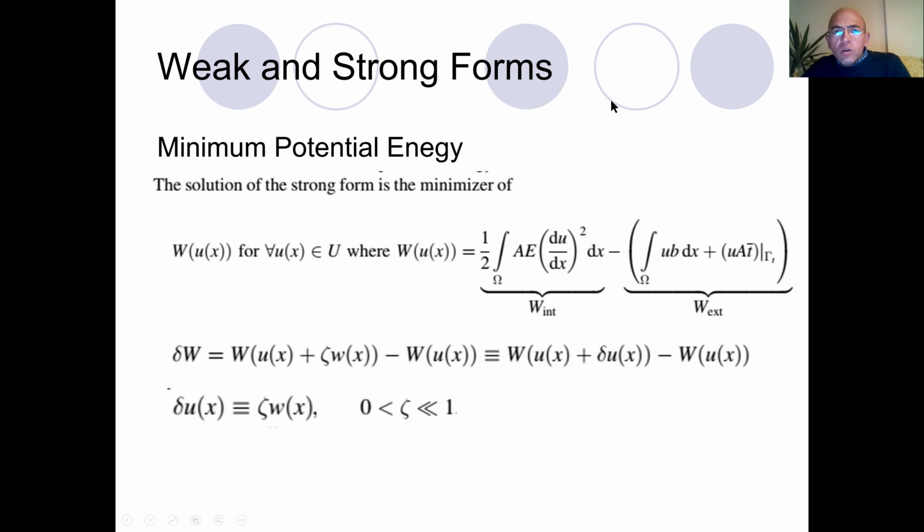Now, there's another way of obtaining the weak form, and that's the minimum potential energy. Now, let's see. The solution of the strong form is the minimizer of the energy.